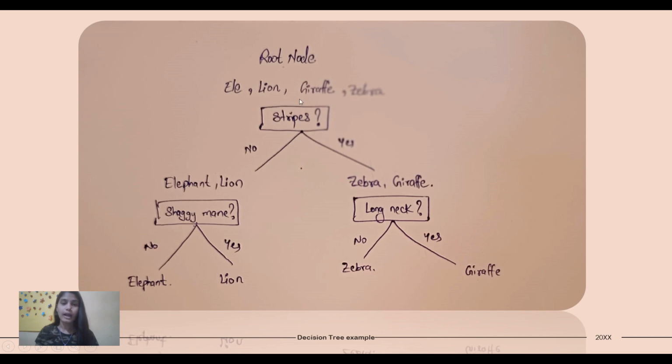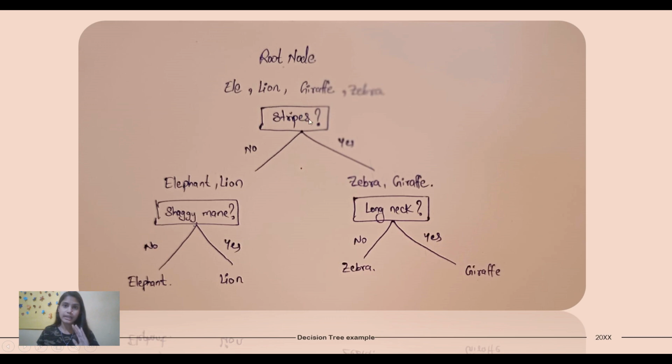Now at this root node, we have created this node and we are splitting it. The animals which have stripes we will take to the right hand side and add those animals into a node. So here the stripes is the node and the result of this decision is the branch. And the last things that you see over here are called leaf nodes, which are the last output.